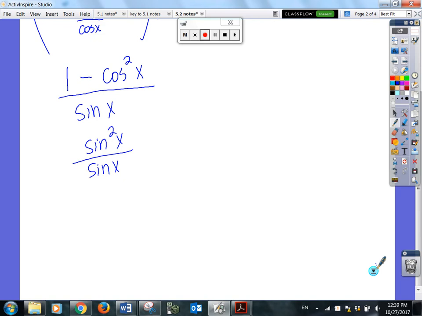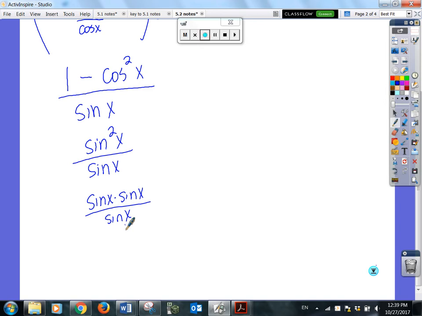Now, some of you can come up with the answer from there, and that's fine, but if you like to expand it and actually simplify it, you can do that also. So remember, sine squared x is sine x times sine x over sine x. Now, we can't cancel all the sines in the top. We have two sines in the top and one in the bottom.